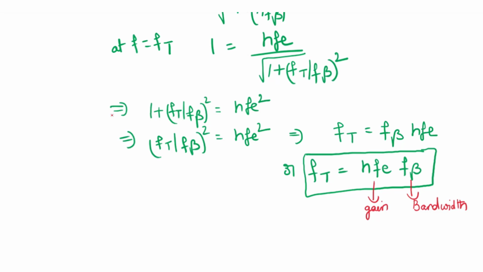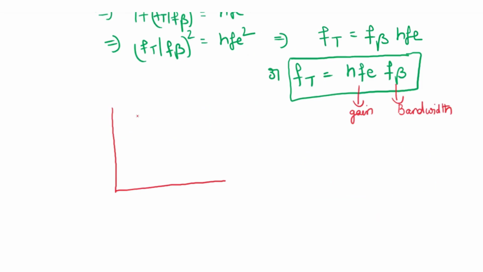Okay. Suppose if I draw the graph, take the gain AI on the y-axis and the frequency on the x-axis. When the frequency is 0, what is the value? The value of maximum gain is HFE. So at 0 frequency, you are getting the maximum gain.